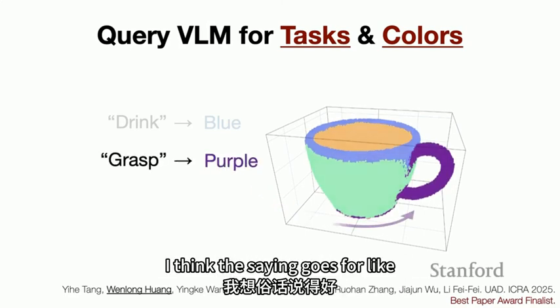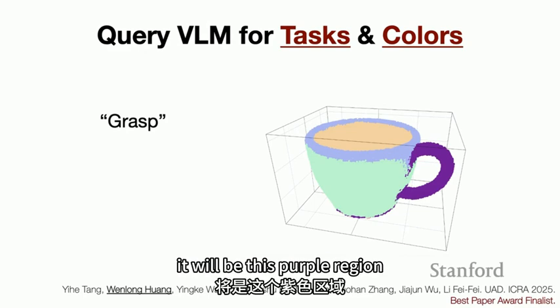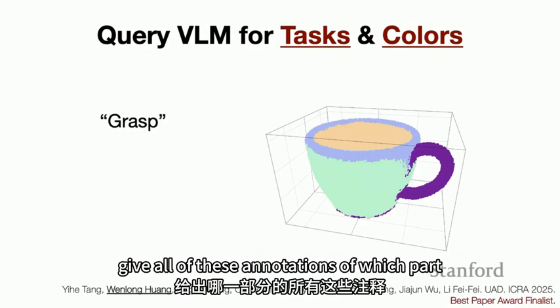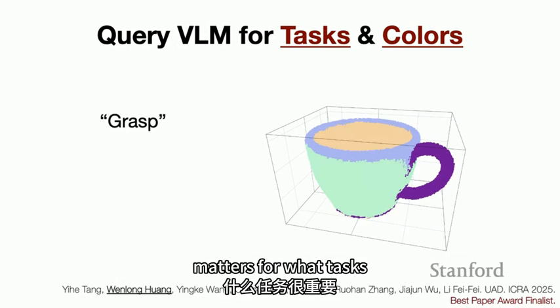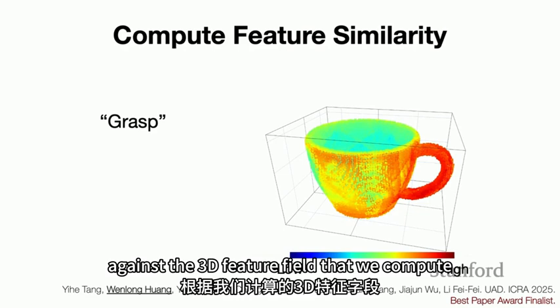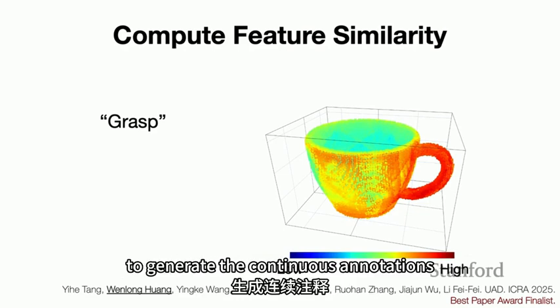The same goes for if you want to grasp the cup, it will be this purple region. So the VLM is used to give all of these annotations of which part matters for which tasks. And then we can compute feature similarity against the 3D feature field that we computed in the beginning to generate the continuous annotations.